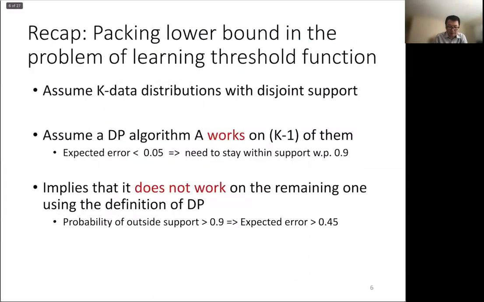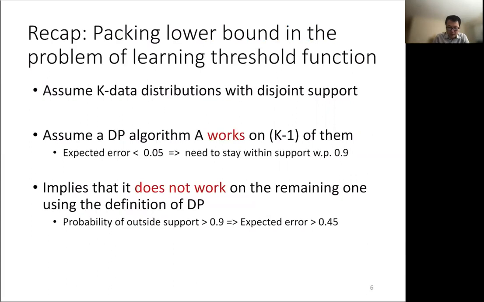Now, let's very quickly go over the packing lower bound, because it is a very interesting argument, and it makes use of the definition of differential privacy directly, which reveals a problem that applies to any differentially private algorithm on the information theoretic level. Okay, so the construction is the following.